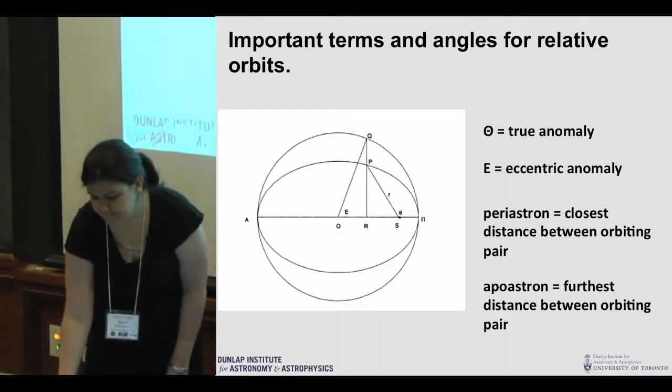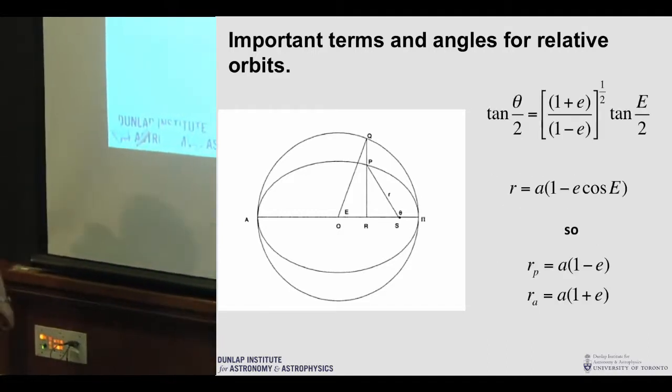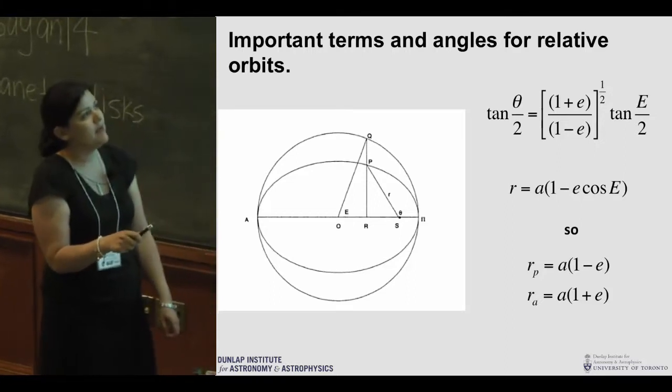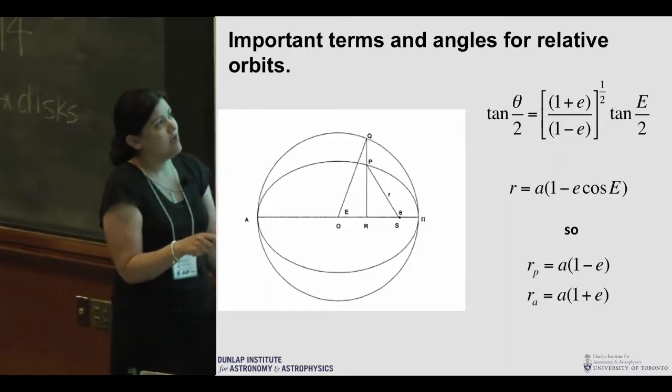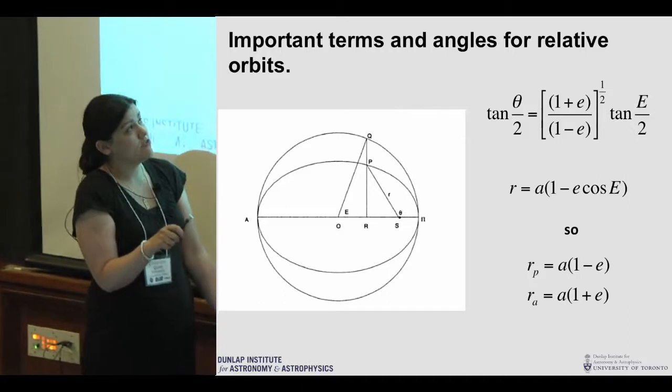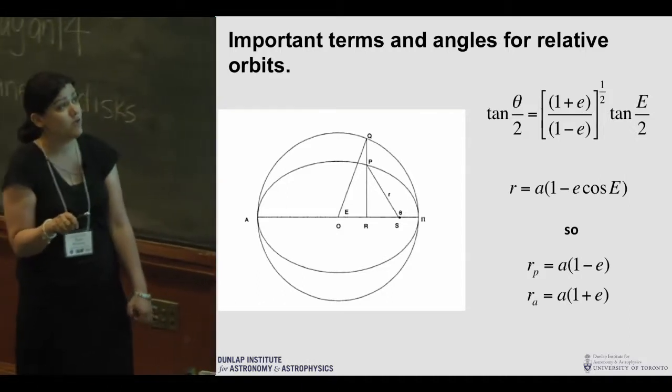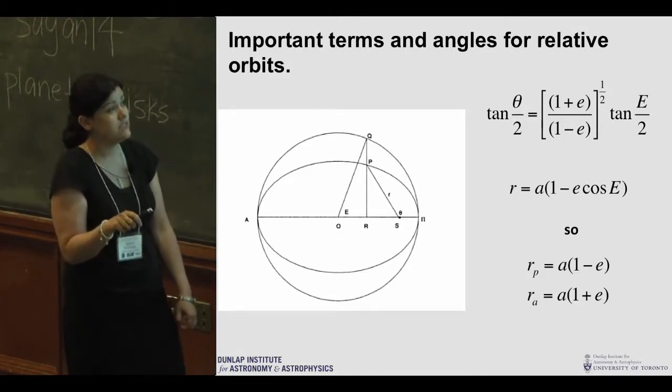So how do the true anomaly and the eccentric anomaly relate to each other? This is what's shown here. They're related by their tangents and also by this fraction of eccentricity to the 1/2 power. So you can go between the two. If you can measure one, you can get the other as long as you know the eccentricity.